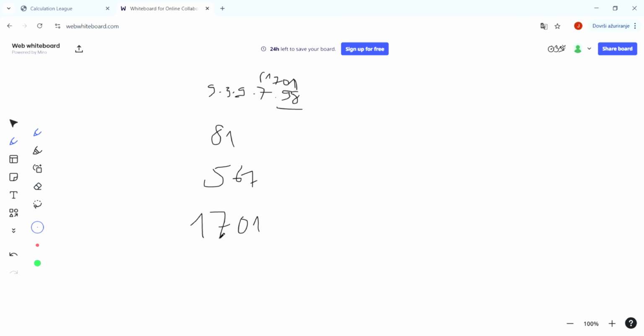So how did I do this? 1701, we can multiply that by 100, and take away this times 2, because 100 minus 2 is 98. So we have something very easy minus something very easy. It just requires memorizing numbers, and 1701 times 2 is 3402, and then we have our result.